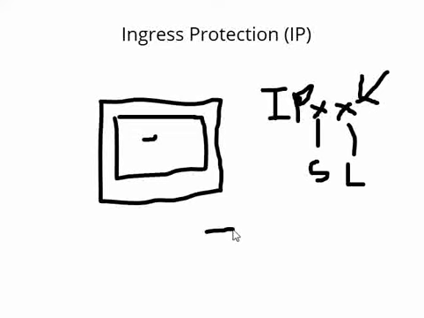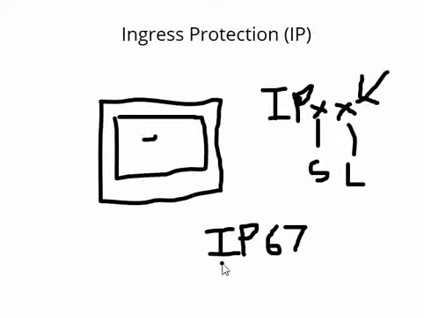So, for example, if you take IP67, the first number can start from 1 to 6, and the second number from 1 to 8, which defines the levels of protection.